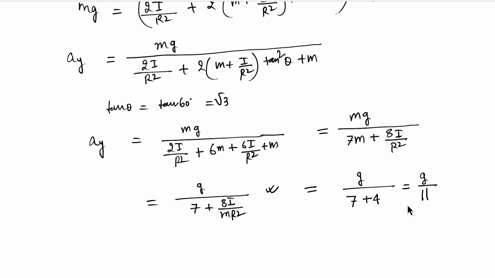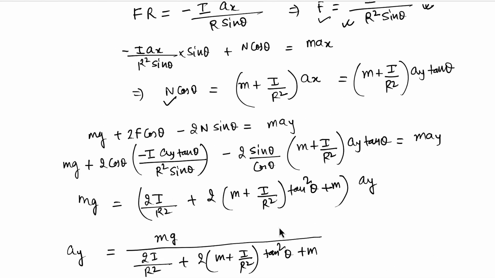So in the first case it was g by 10, and in the second case it is g by 11 in case of cylinder. So ay is greater for case 1. Case 1 was when the friction is there with the ground. On the ground there is friction, and between cylinders there was no friction. So in that case, the acceleration is faster.